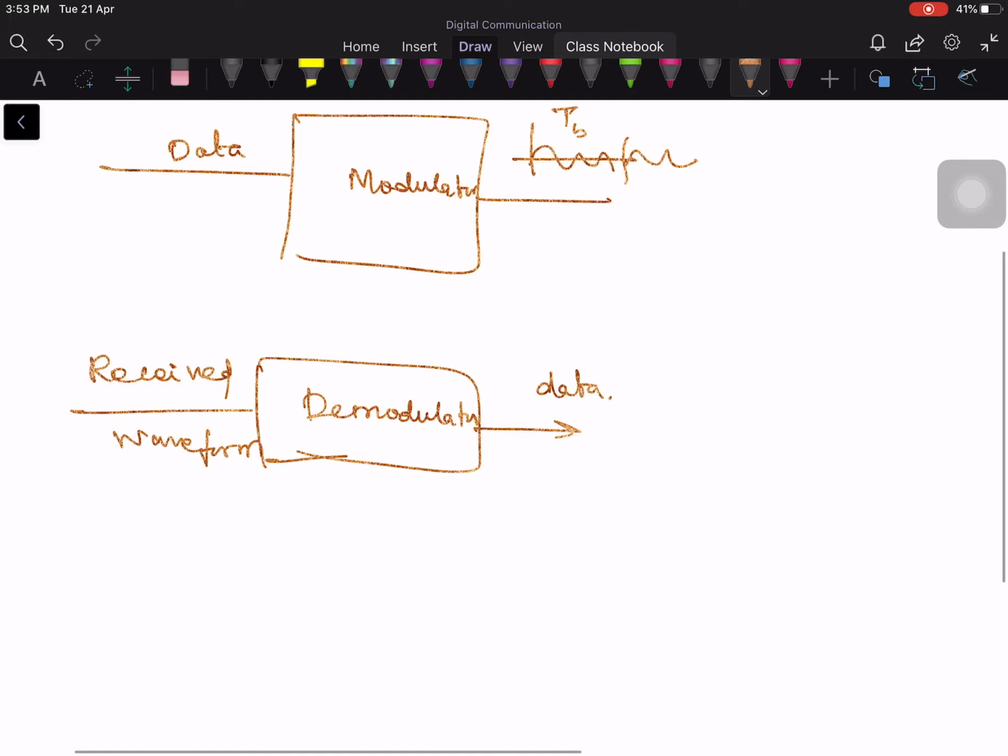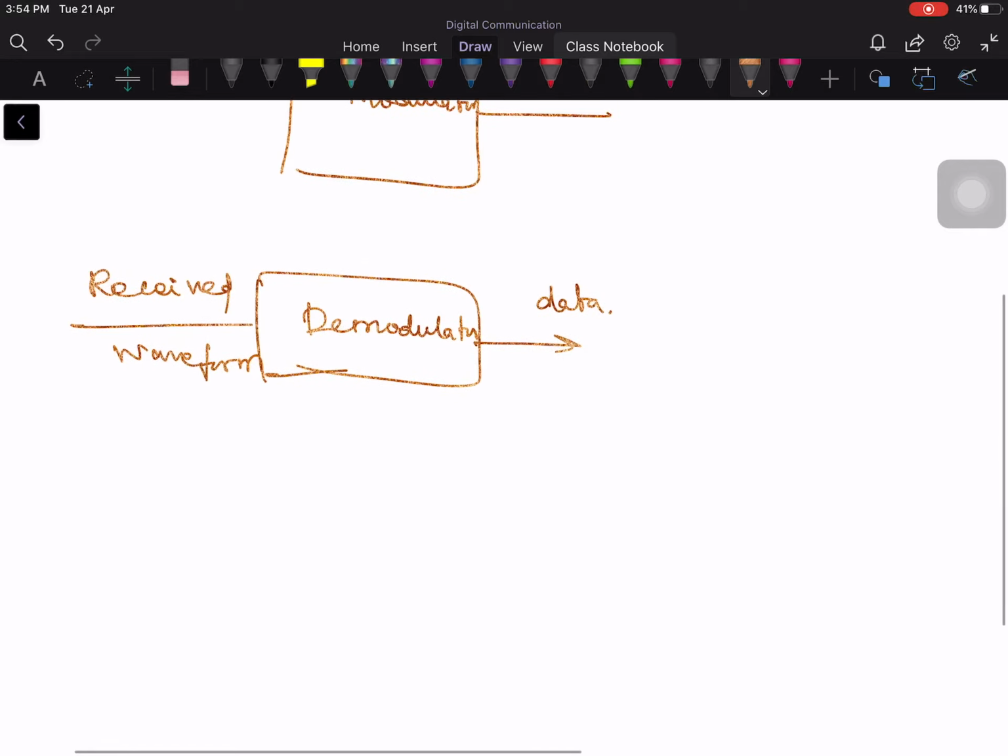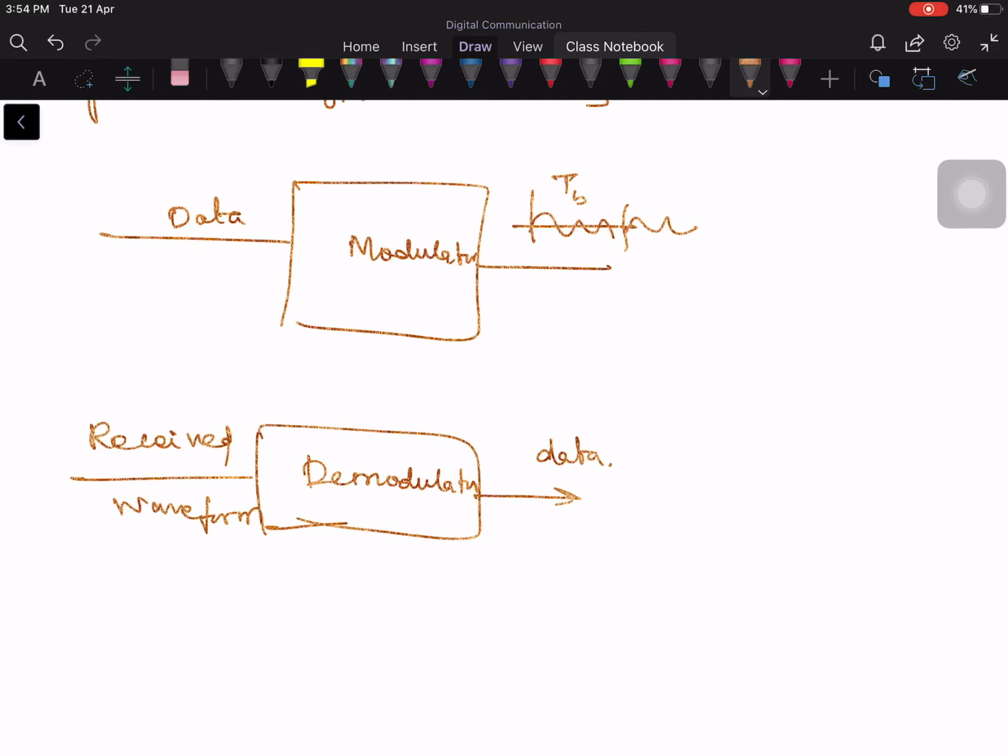Its function is precisely the opposite kind of mapping, but it is not just an inverse mapping, because you should appreciate that the job of the modulator is comparatively simpler. Why? You have an incoming data stream and a set of waveforms, and you map the set of waveforms onto the incoming data stream based on the bits.